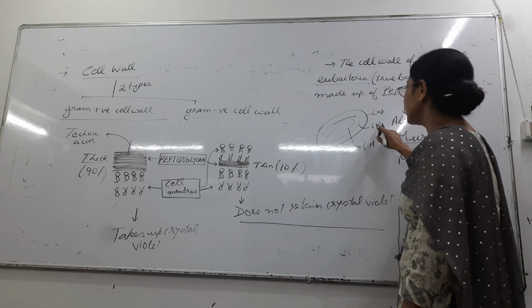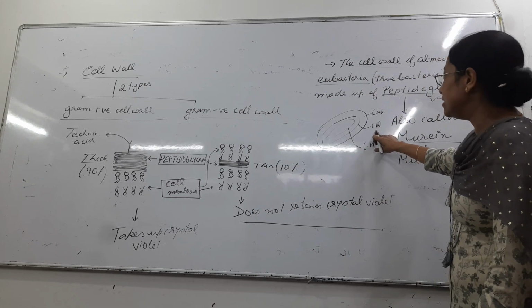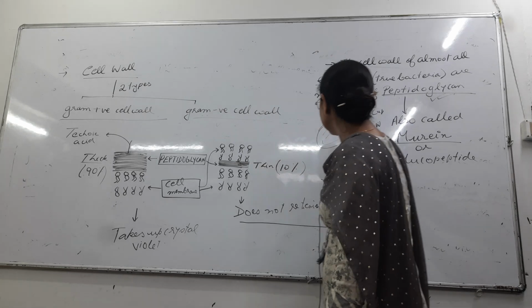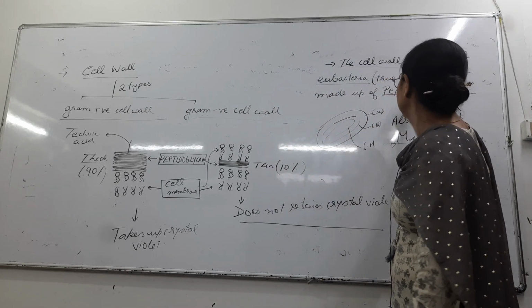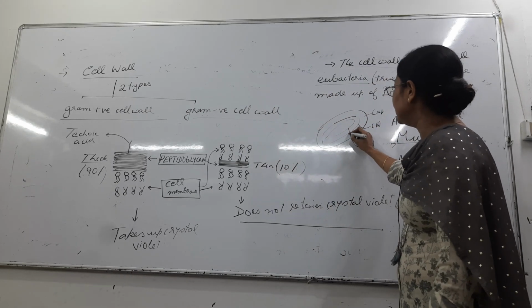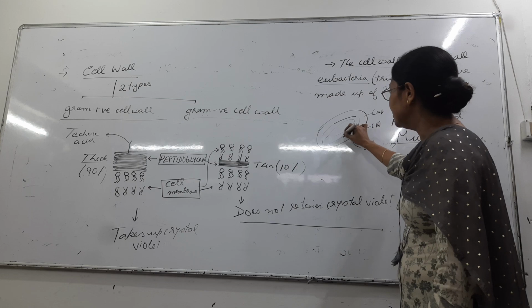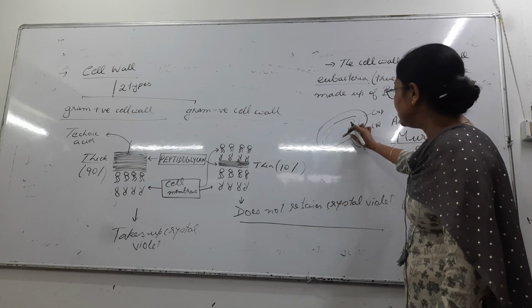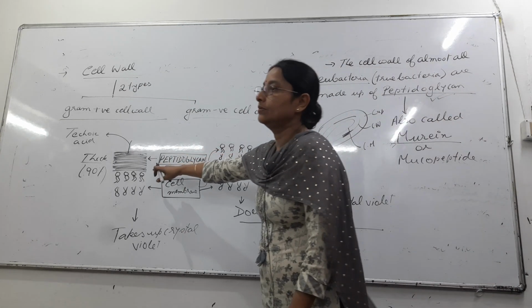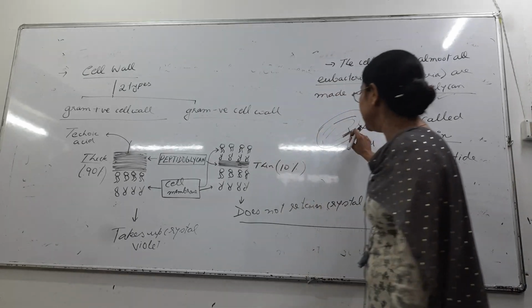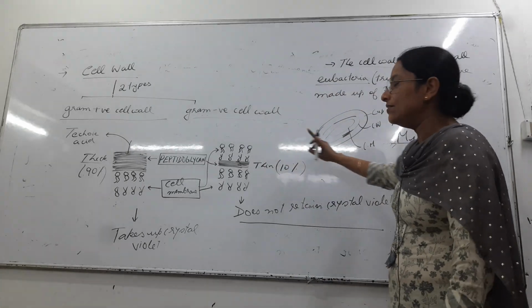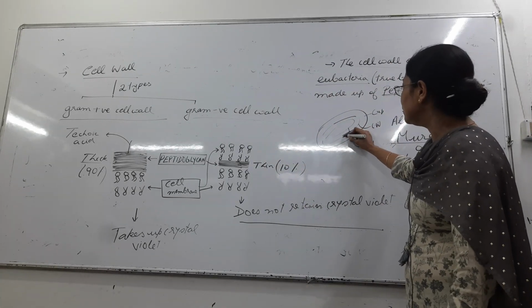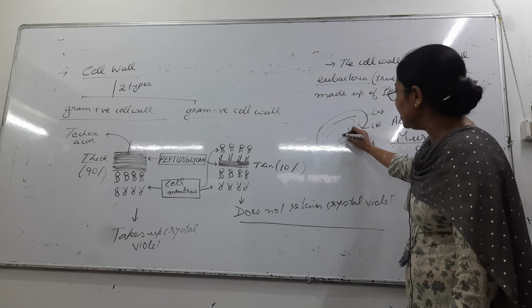We are discussing the cell wall, which is made up of peptidoglycan. So if it is thicker it is positive, if it is thinner it is negative. Clear?